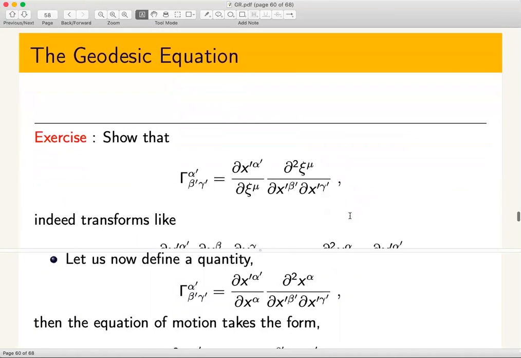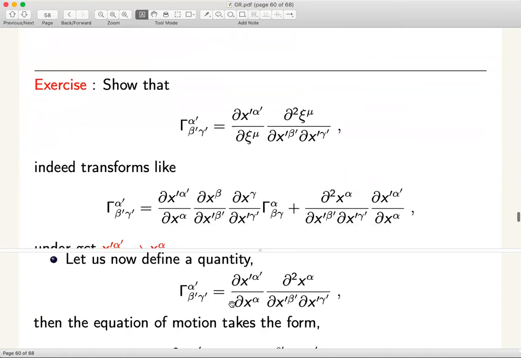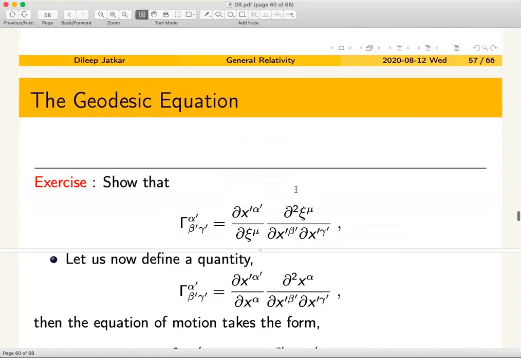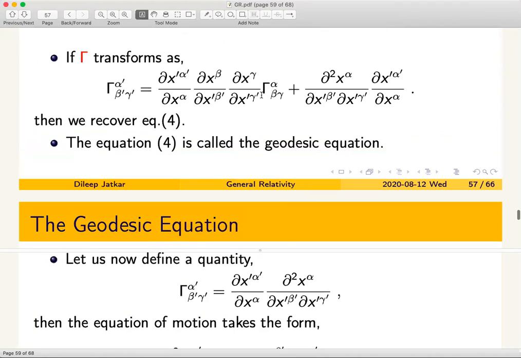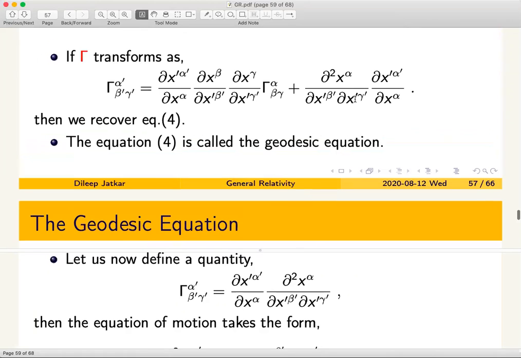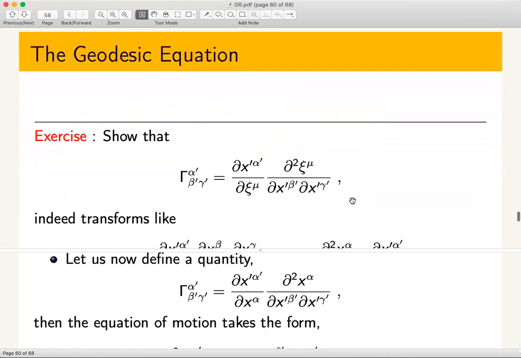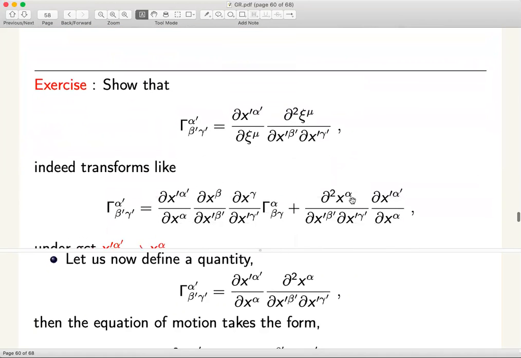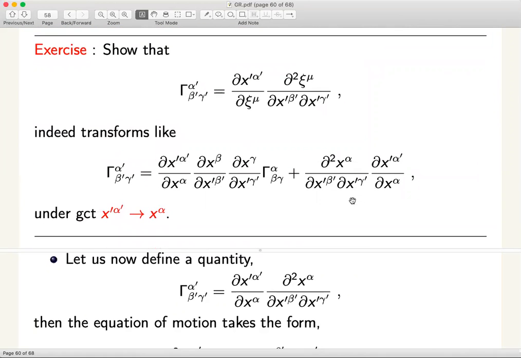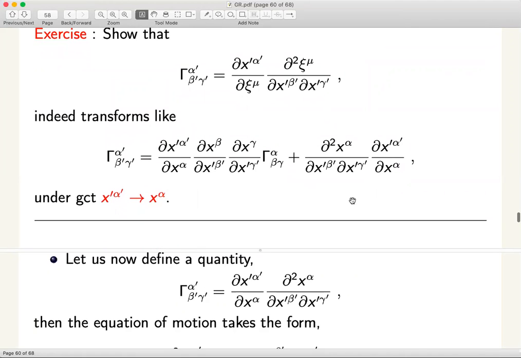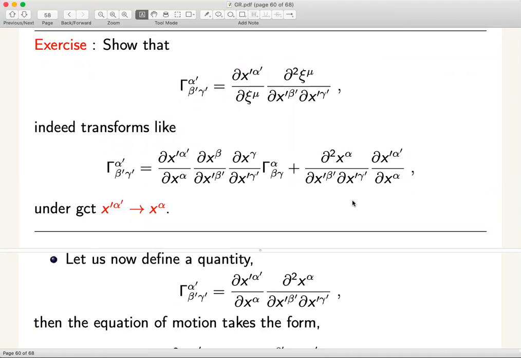We'll do this exercise and check that this gamma actually does transform in the form that we have postulated here. So it is not like we are doing some random postulate, but the first example that we had used for defining the geodesic equation actually does satisfy this property. So I think I'll stop at this point. Any questions?